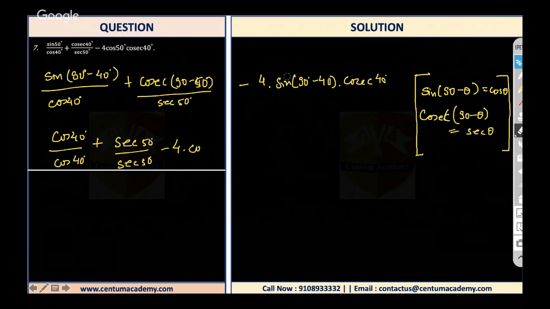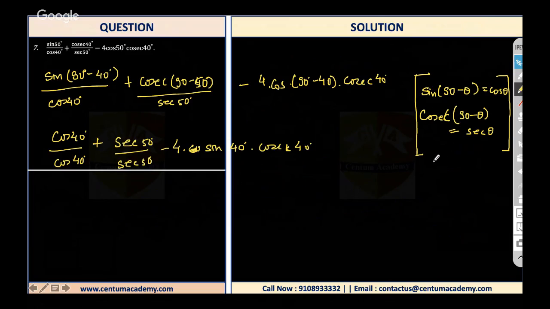Here it should be cos of 90 minus 40 degrees. So be careful, these mistakes are going to be there. So it is sine 40 into cosecant 40, right?